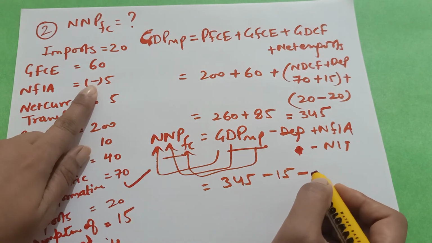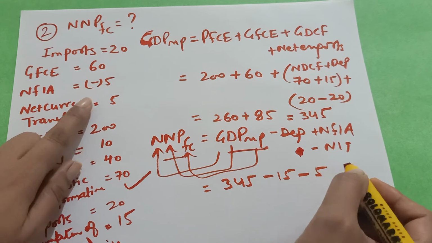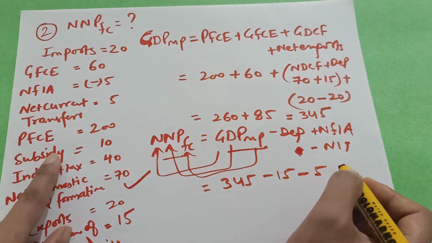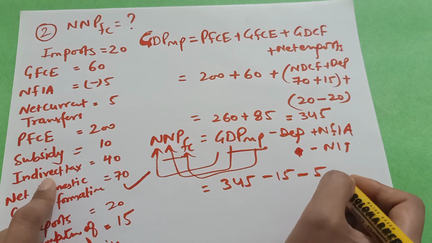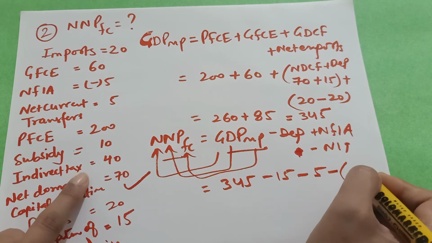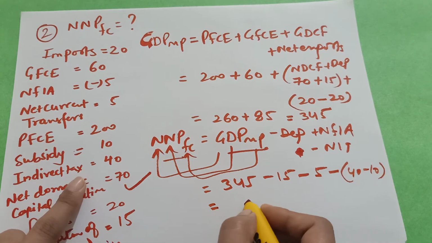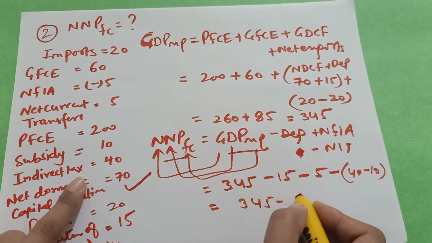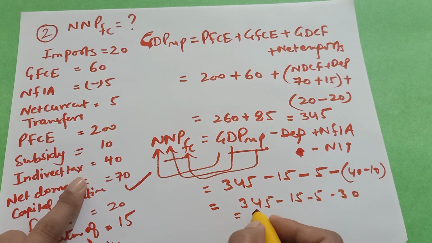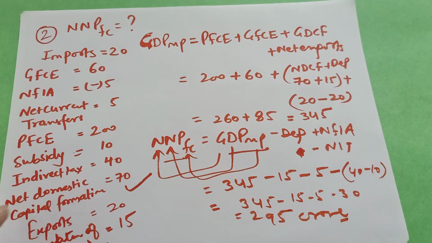NFIA is given as minus, so the minus sign will come, 5. And minus NIT, net indirect tax. Indirect tax minus subsidy is given, 40 minus 10. So it is 345 minus 15 minus 5 minus 30. It will come to 295 crore.